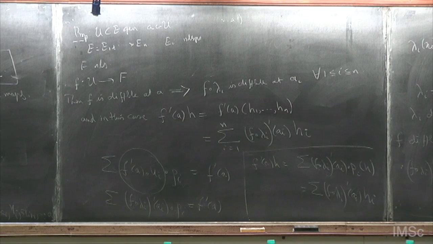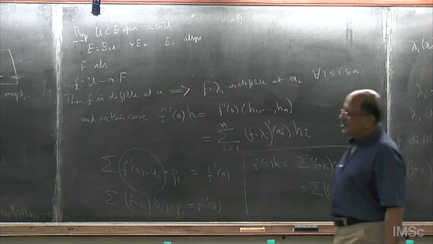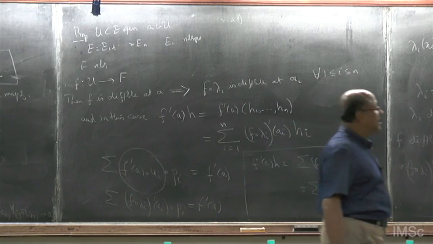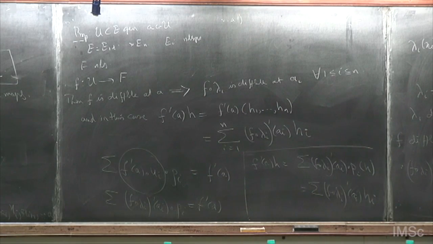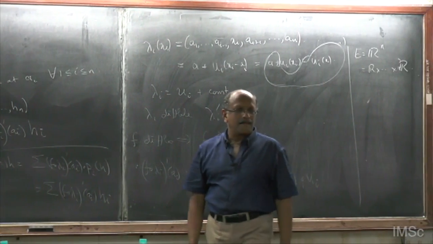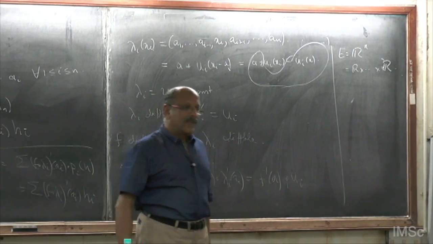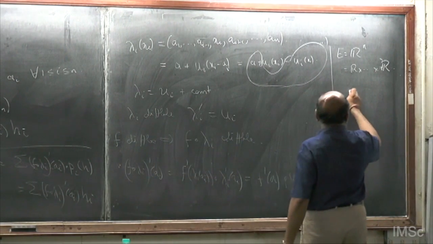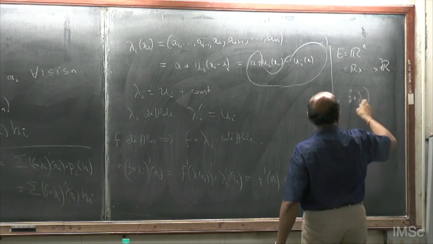Now suppose you are in Rn. So, let us take E equals Rn. Then what do you mean by f composed with lambda I dash?